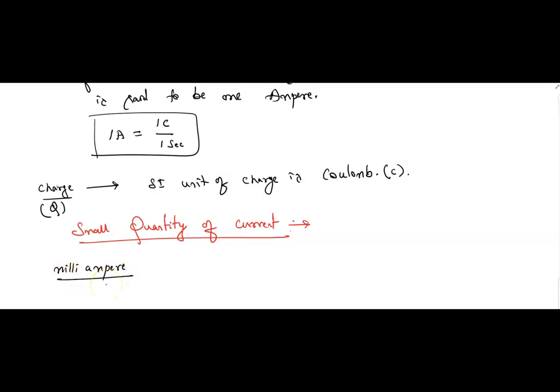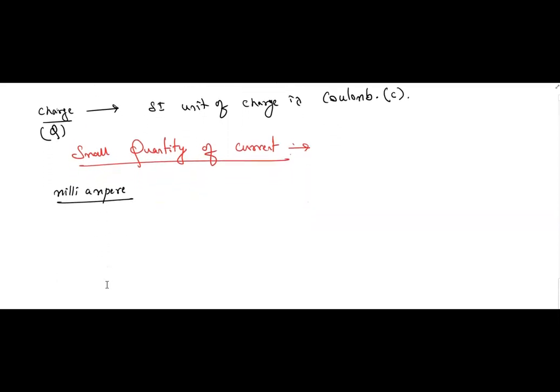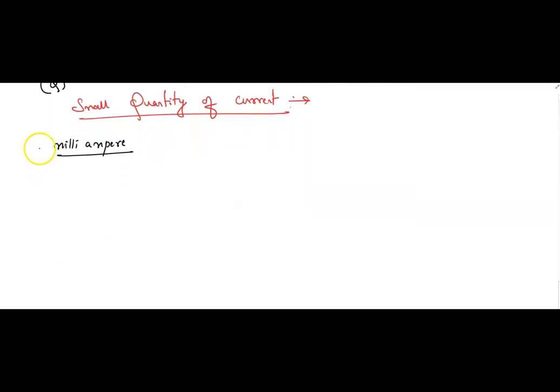Small quantity of current is measured in which unit, children? Milliampere. So what is 1 milliampere? 1 milliampere equals 1 mA, small letter m, that is 10 to the power of minus 3 ampere.